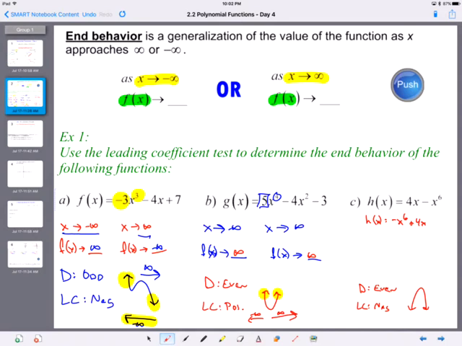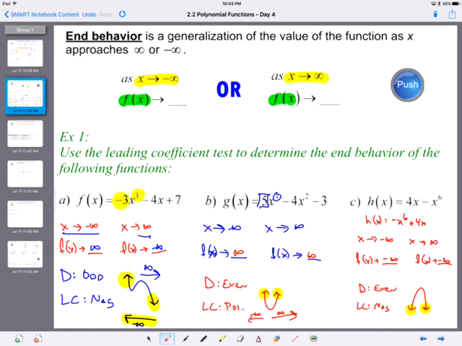As x approaches negative infinity, what does f of x approach? And as x approaches infinity, what does f of x approach? As x goes in both directions, your y value is going down for both of them. So both of these would be negative infinity.